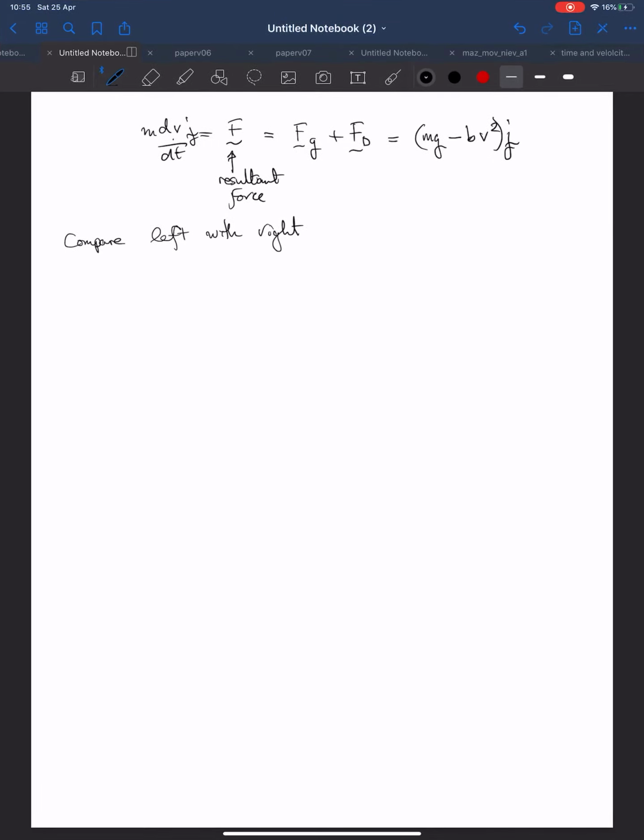We get the differential equation m dv by dt equals mg minus bv squared.